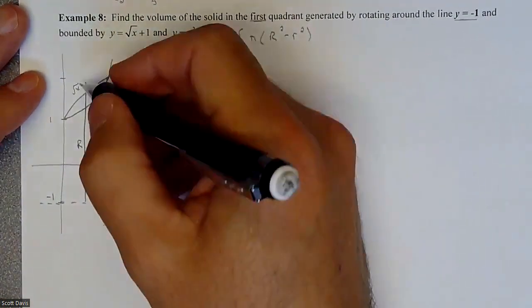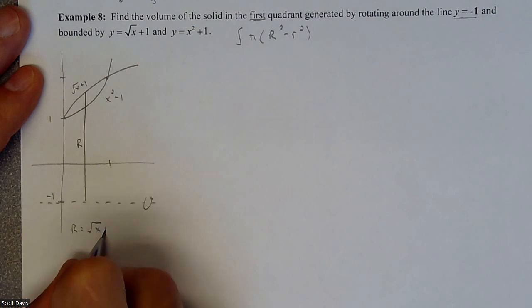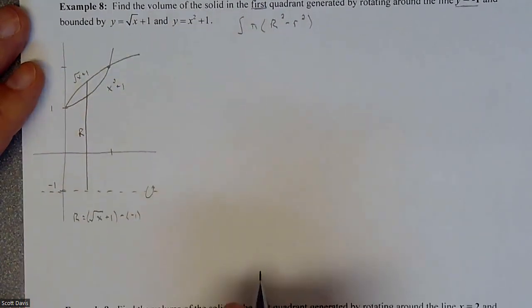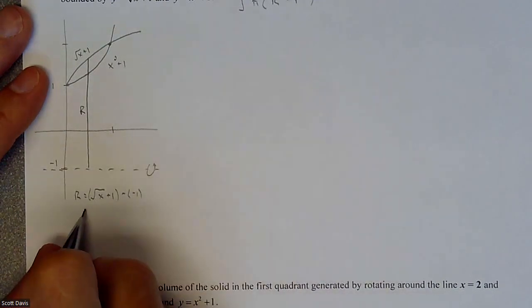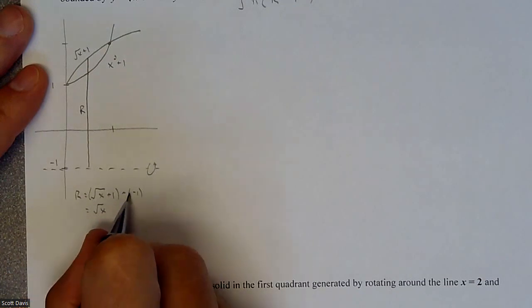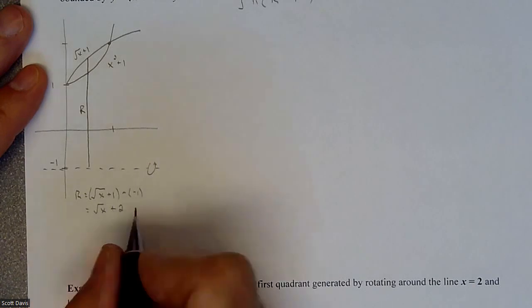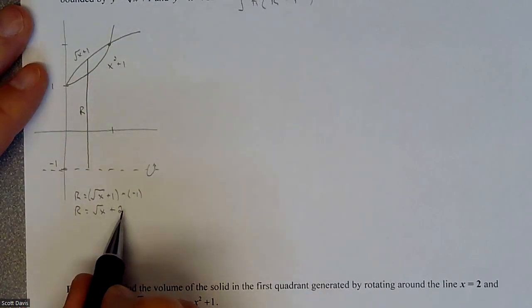So my big R is the higher value minus the lower value, and you'll see the math works out perfectly. I don't have to logic my way through it, because it gets tricky sometimes. So this just turns into the square root of x, and that minus a -1 is how we add the 1 to it. The math agrees with that. So our big radius is going to be made up of this equation.